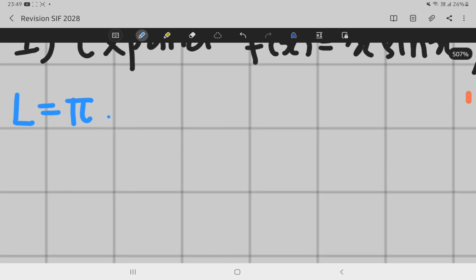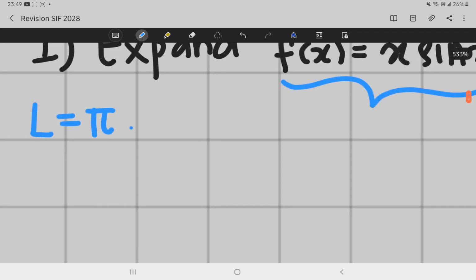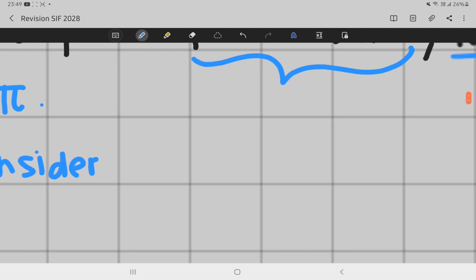And then since we are integrating from minus pi to pi, we can take advantage of this by considering whether f of x is even or odd. If f of x is even, then there is no sine term in the Fourier series. Else, if f of x is odd, then there is no cosine term in the series. So let's consider f of x equals x sine of x.